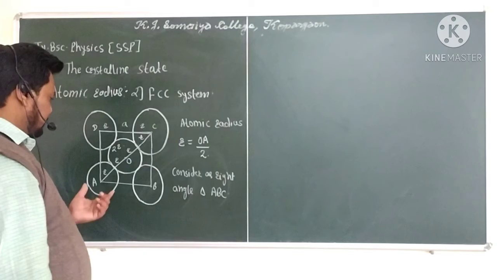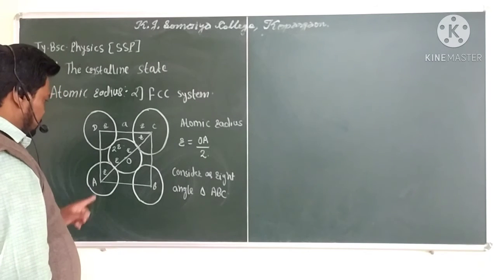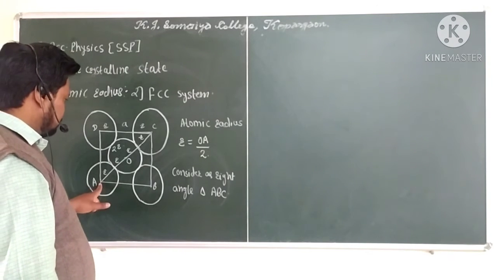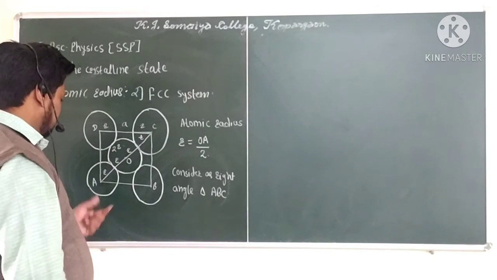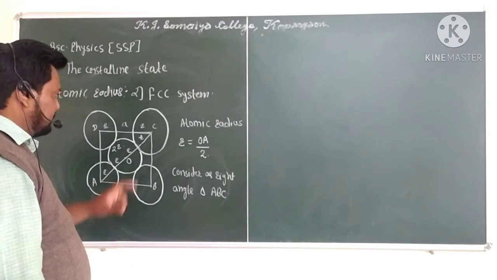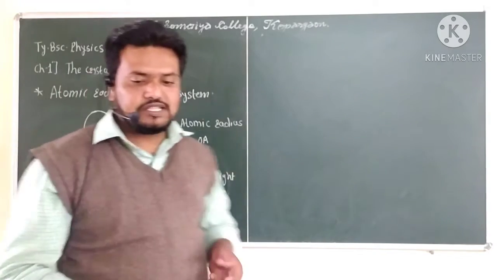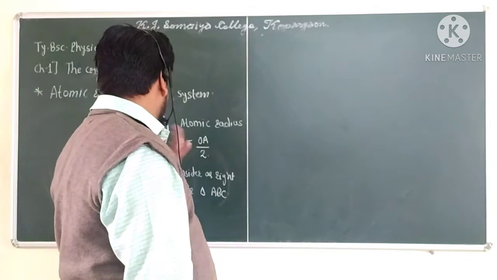What is the relation here according to the Pythagoras theorem? This is the hypotenuse, which is AC. This is one side of this right angle triangle, which is AB, and this is the other side of the right angle triangle, which is BC.